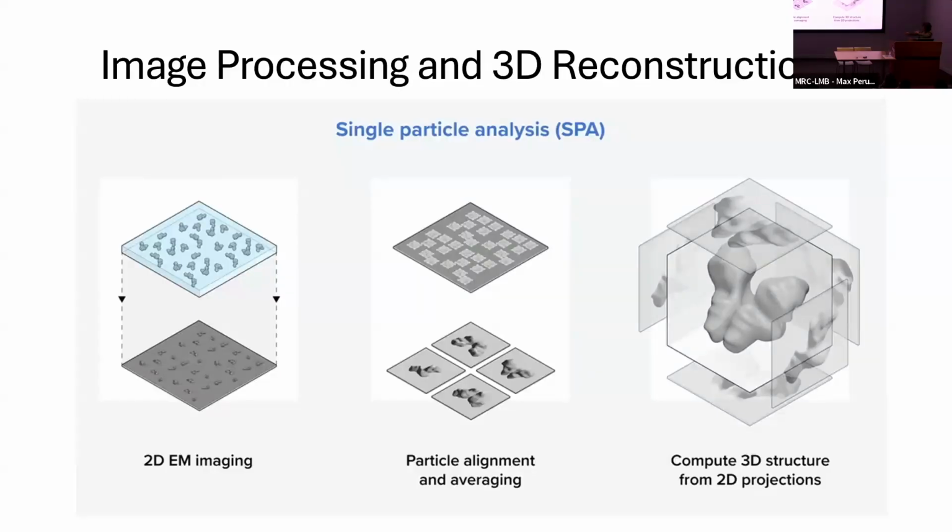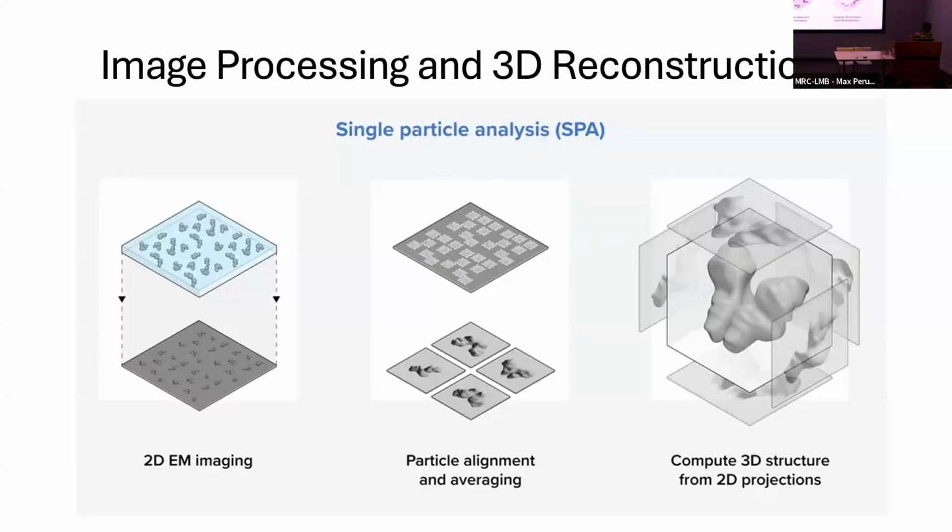Because the molecule is tumbling in the ice before you freeze it, you get different projections of the image. So you can find your common frame and use a mathematical way to back project to a common frame, and then come back to 3D.